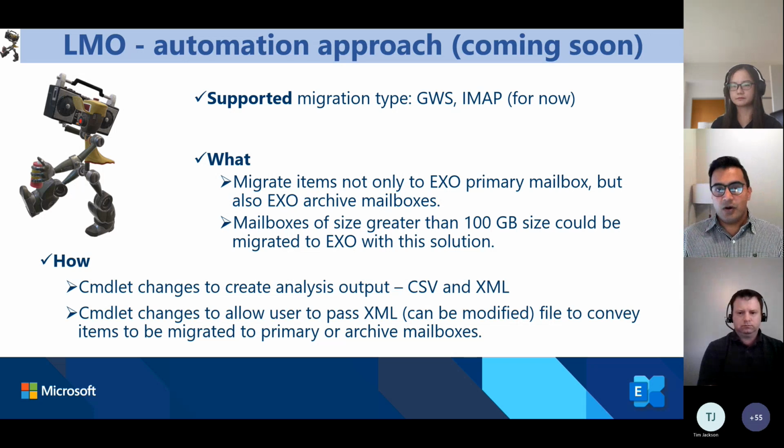The commandlet gives you output as a CSV, which tells you the details about what the potential bloat would be, what the hard-hitting labels are in the case of Gmail, and what you can do about it. It also gives you an XML output which recommends that this can go into Exchange archives or auxiliary archives.